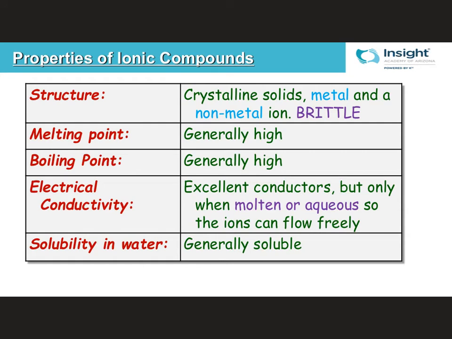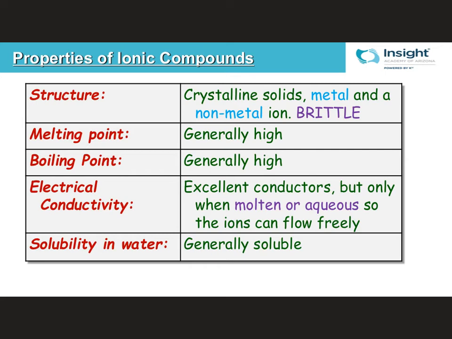So, a general list of properties you want to be familiar with. As far as the structure of an ionic compound goes, they form crystalline solids. They always have a metal and a nonmetal. There's a rare exception to that, but it's pretty much always a metal and a nonmetal. And they're brittle. Melting and boiling points are really, really high, because it takes a lot of energy to break these things down.